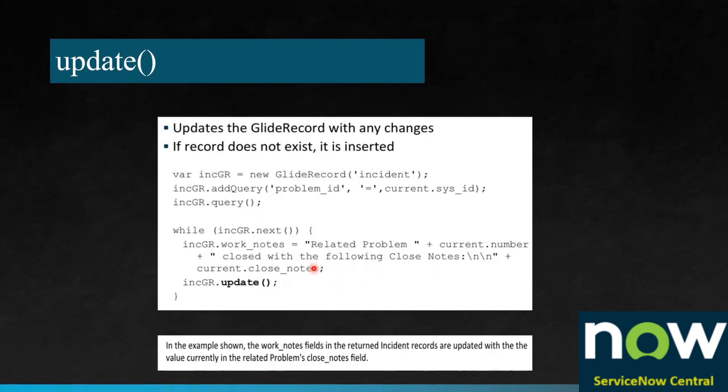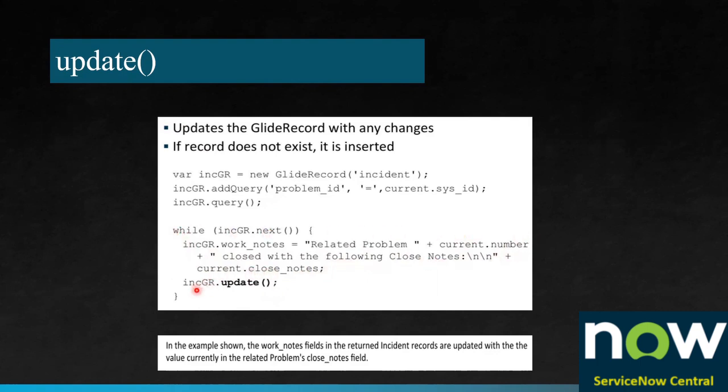So we are using that current.close_notes. Close notes is nothing but a field present on the table on which this business rule may be running. We are using their current value. It may be close notes, or maybe anything. That current value and the current number, whatever number is there, we are using to update the work notes.